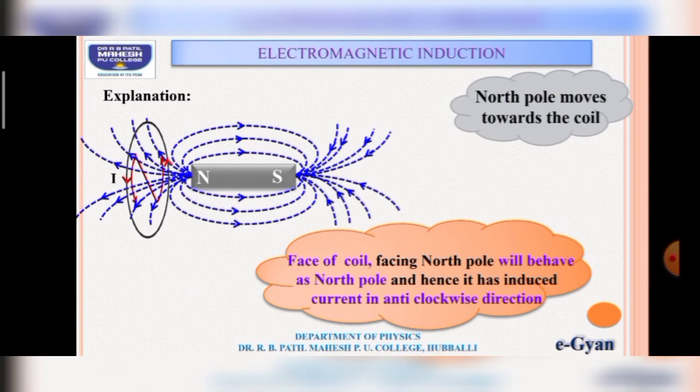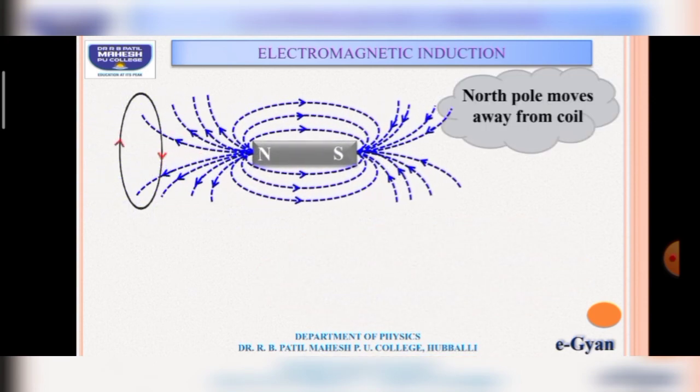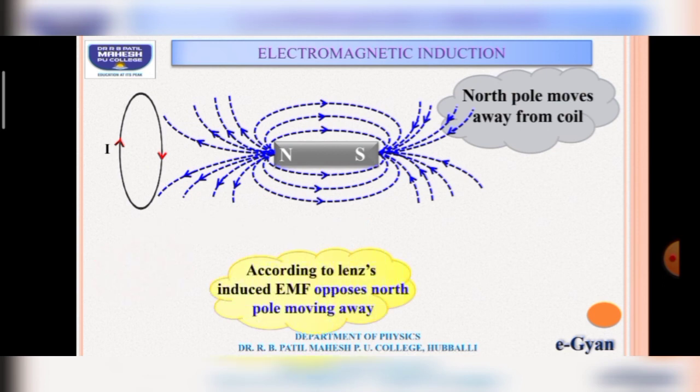Further, if the north pole of the magnet is moved away from the coil, the magnetic flux is decreasing. Due to this decrease, an EMF is induced in the coil, and this EMF will oppose the decreasing magnetic flux. According to Lenz's law, the induced EMF opposes the north pole of the magnet moving away.